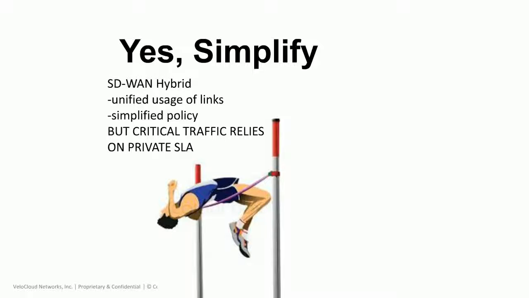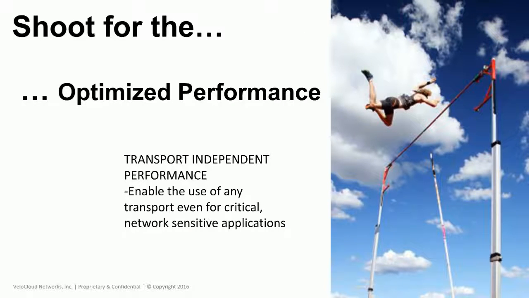So in the next slide, I want to suggest that we should shoot for the stars, but more appropriately to our use case, and you'll see it later, in this photo, let's shoot for the clouds. The goal is to not just simplify the hybrid WAN, but to optimize the performance for any transport.